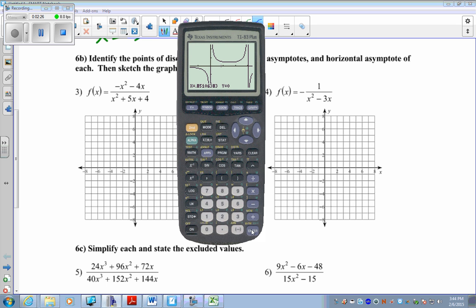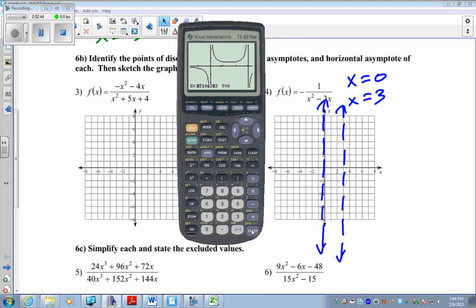So x equals 0 and x equals 3 both have asymptotes. So I'm going to put a dashed line now that we have to draw these graphs at 0 and at 3. Horizontal asymptote comes from the biggest exponent of the numerator of the variable. There isn't a variable, so we just write in x is 0.